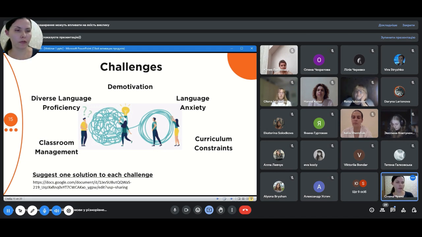How can we do that if we have, for example, 50% of students who are lower level students? That is a big question. They are just five challenges. Maybe you can come up with more. So, diverse language proficiency, demotivation, anxiety, classroom management, curriculum, anything else.